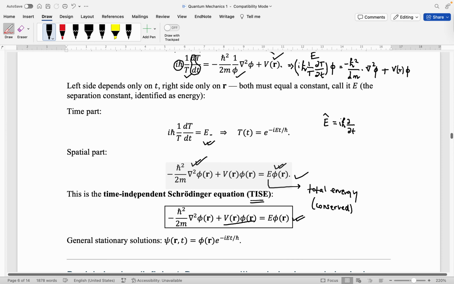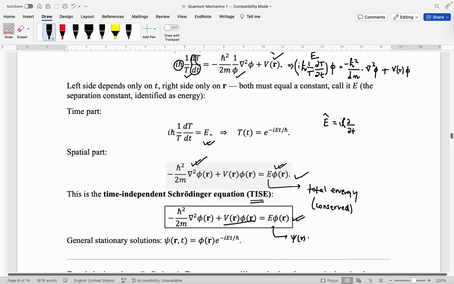So this is the Schrodinger's time independent equation, where you can simply write it down as minus h cross square by 2m del square phi r plus v r phi r is equal to E into phi r. Now whether you want to write it as phi or psi is totally your choice, but you have to make sure that if the question is based on Schrodinger's time independent equation, then this psi is only a function of r.